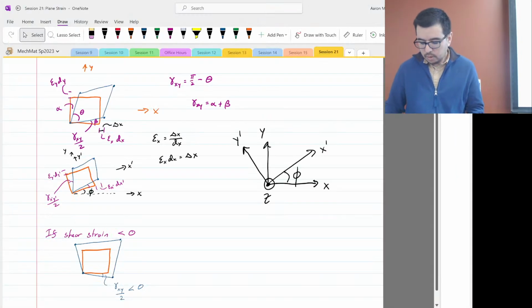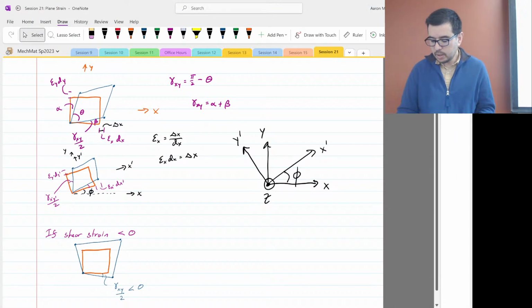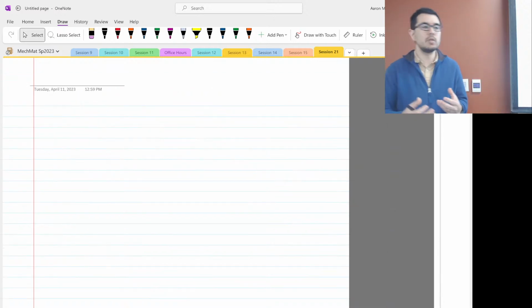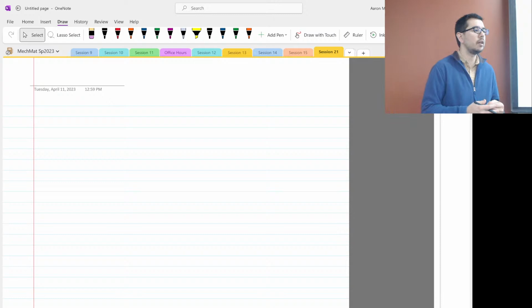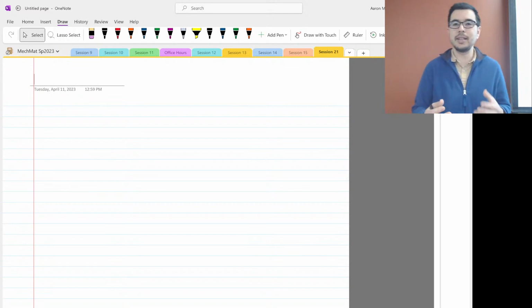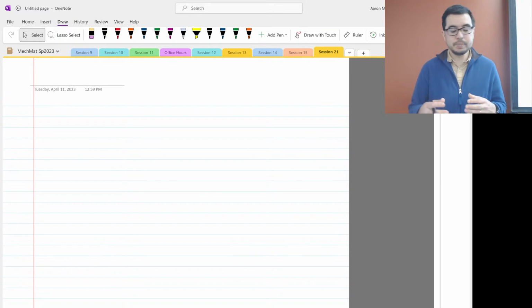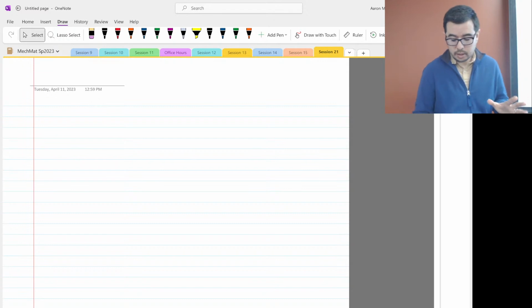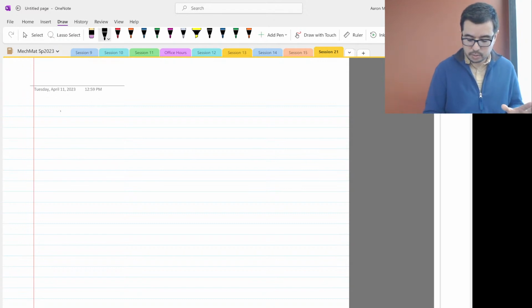The other thing that's kind of cool about this session is that we're learning how to measure strain using strain gauges. Hopefully it's self-explanatory in the slides and in the posted video.